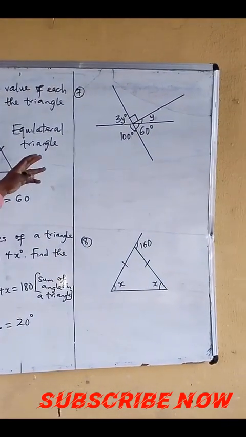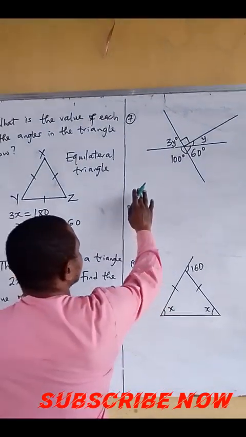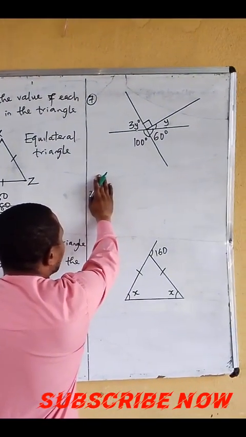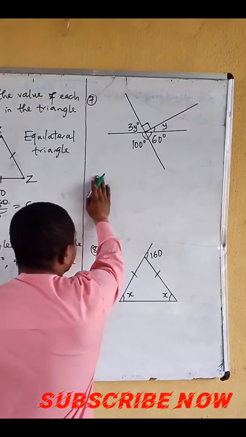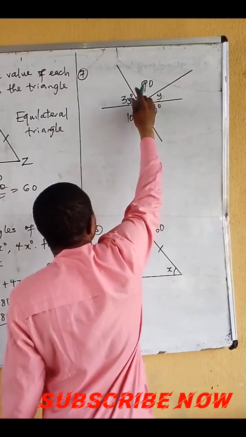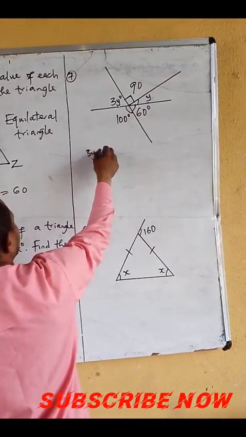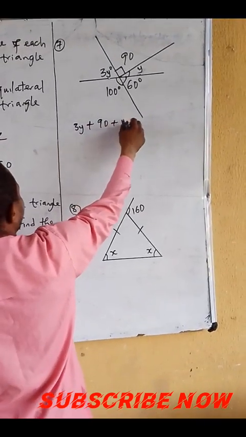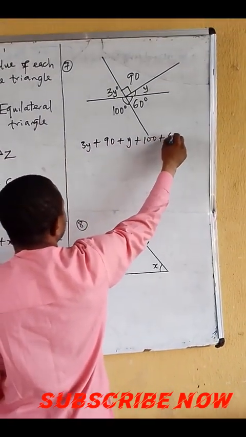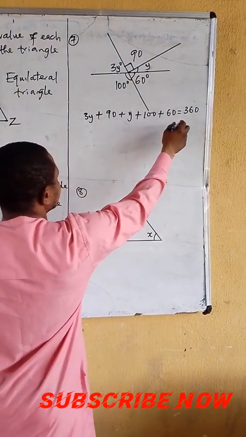Then let's solve question 7. If you look at this angle very well, this is a perfect example of angles at a point. So this side is 90 degrees. You have to take note, this is a right angle. So we are going to have 3y plus 90 plus y plus 100 plus 60 is equal to 360 degrees.